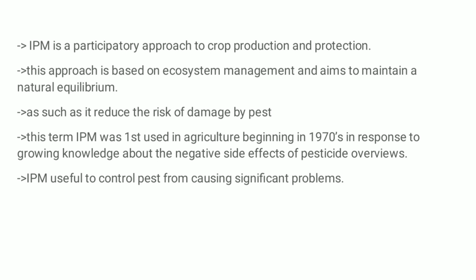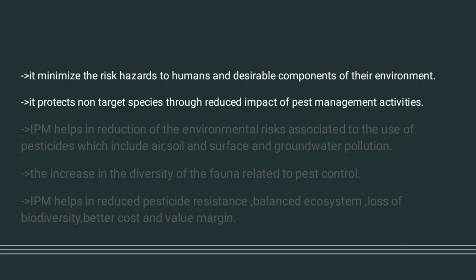IPM is useful to control pests from causing significant problems. It minimizes the risk and hazards to humans and desirable components of their environment. It protects non-target species through reduced impact of pest management activities.